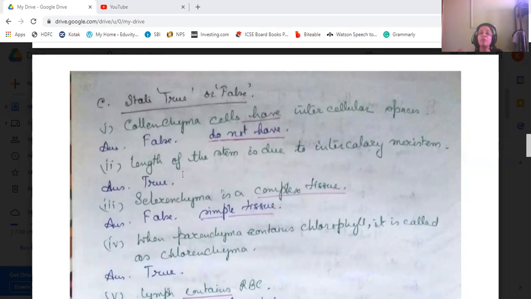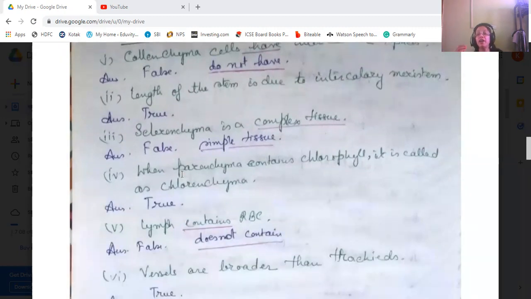Then sclerenchyma is a complex tissue. No, it's a simple tissue. False, it's a simple tissue. Then when parenchyma contains chlorophyll, it is known as chlorenchyma. That's true. Lymph contains RBC. No, lymph does not contain RBC. That's why its color is white. The RBC gives the color to the blood.